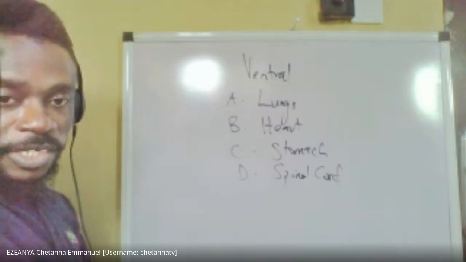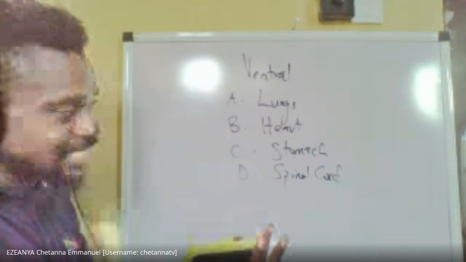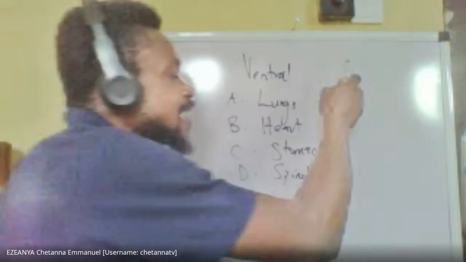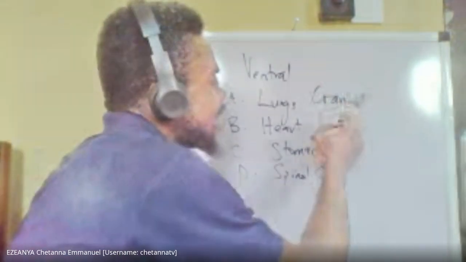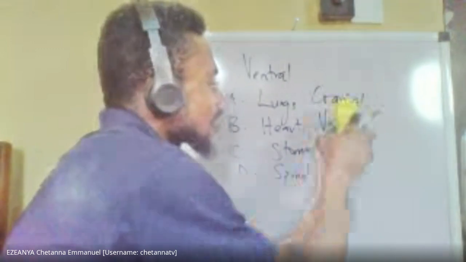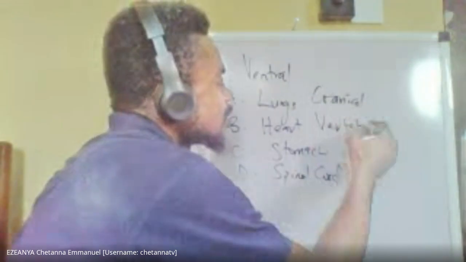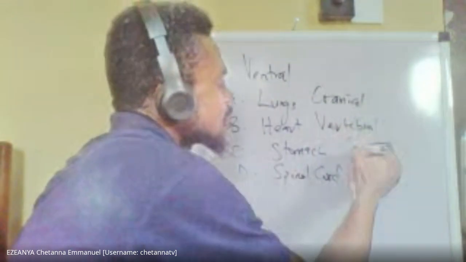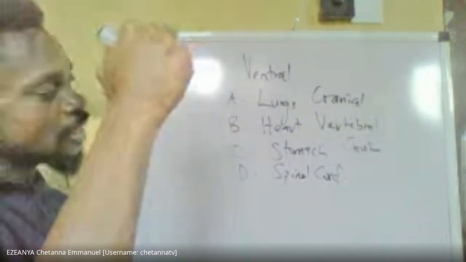So the dorsal cavity basically consists of the cranial cavity and the vertebral cavity. This one is the dorsal cavity.